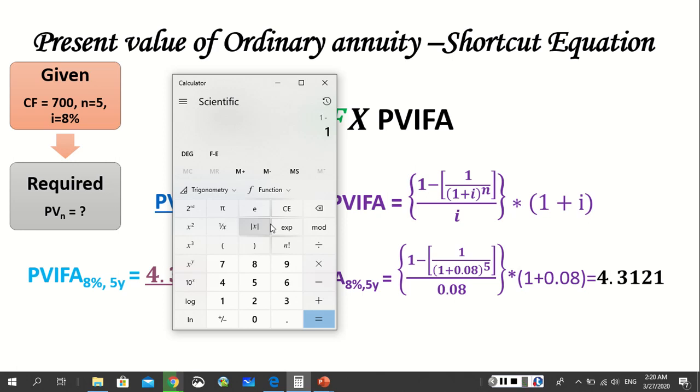1 minus open bracket 1 divided by 1 plus 0.08 power 5 close brackets, enter, and divide this amount by 0.08, enter, 3.99, which is the present value interest factor for annuity, times 1 plus 0.08, we will get 4.3121.